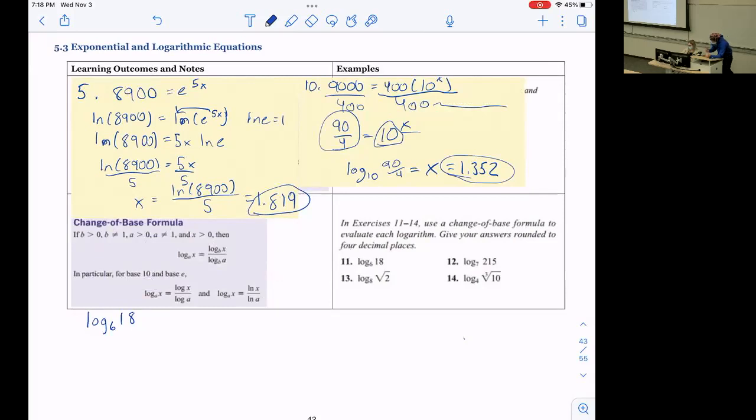What if we change it to base 18? Think that's what it wants? Because if we had log base 18 of 18, it would just be 1. Because we could just plug this in our calculator, all fine and dandy.